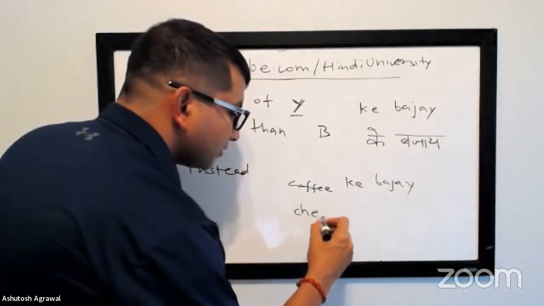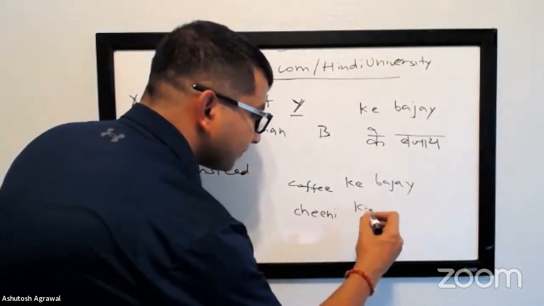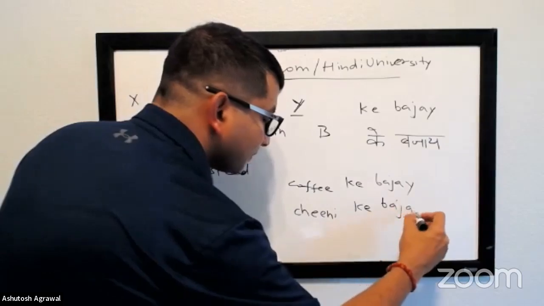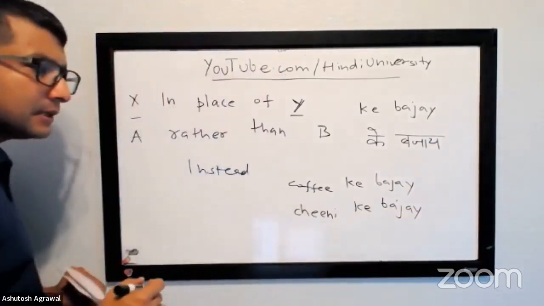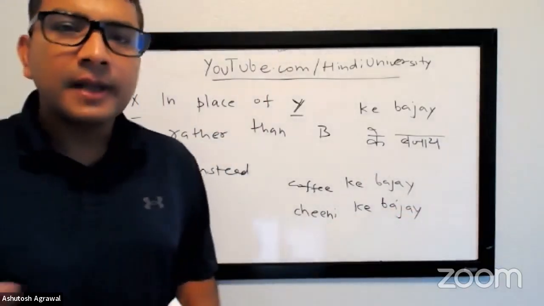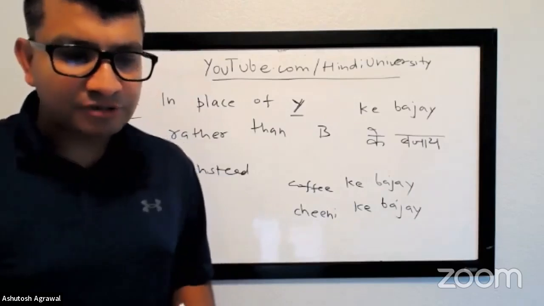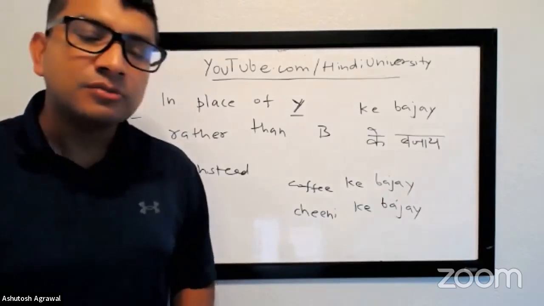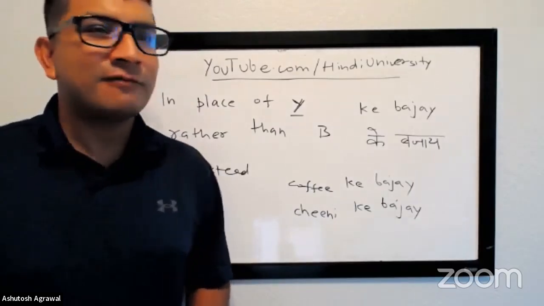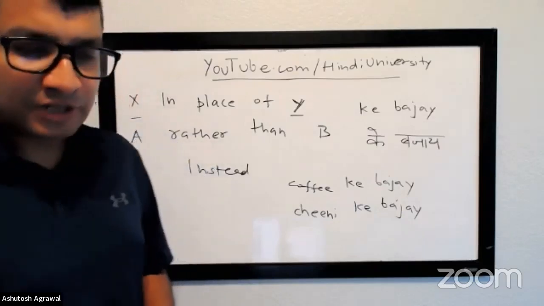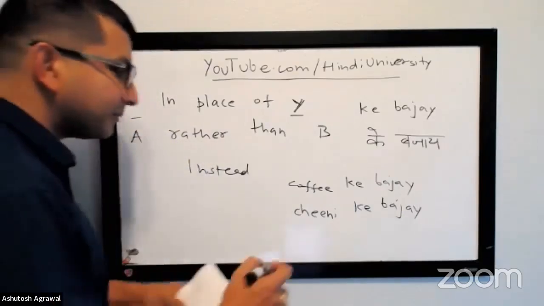Chini is sugar, chini ke bajai. Practice with simple nouns initially, then we'll change other parts of speech. Instead of a noun, you'll try pronouns, and then verbs, adjectives and other parts of speech. So coffee ke bajai.